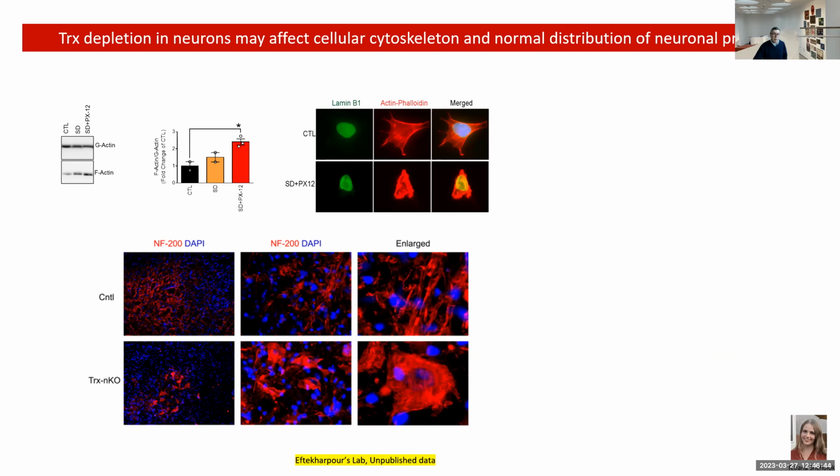Further, we see that the neurons in the lumbar area are not really normal. Here we are looking at the motor neurons, looking at NF200, and we see that there is a huge accumulation of NF200 in the cell body, and there seem to be fewer axons in these animals.